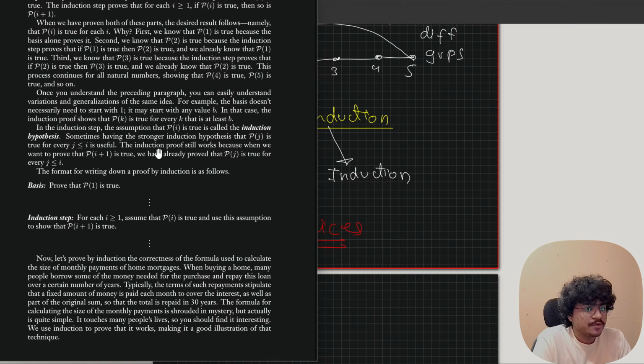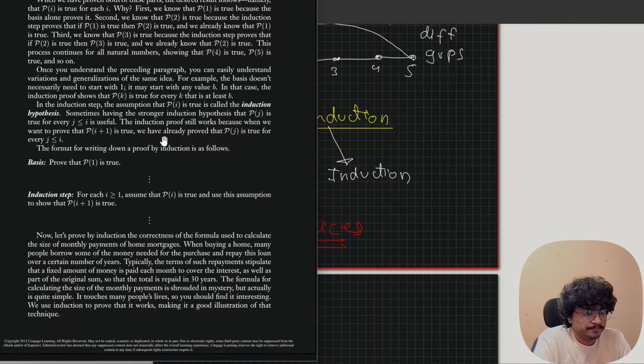Once you understand the preceding paragraph, you can easily understand variations and generalizations of the same idea. For example, the basis doesn't necessarily need to start with 1. It may start with any value b. In that case, the induction proof shows that P of k is true for every k that is at least b.